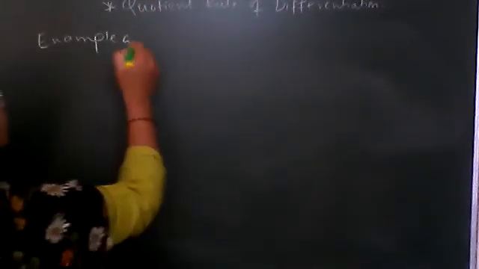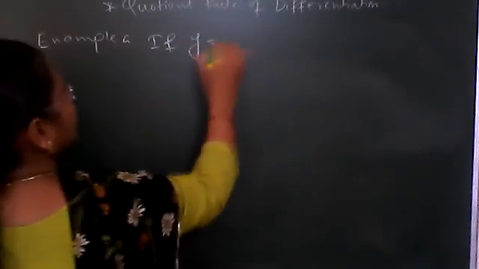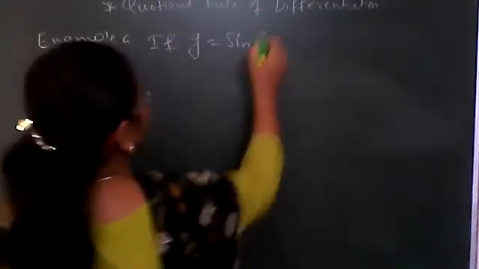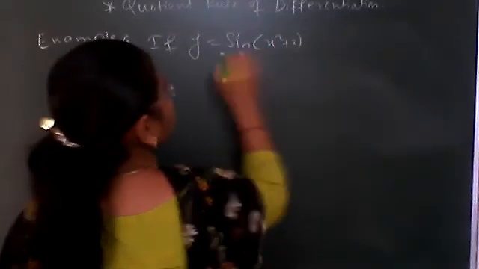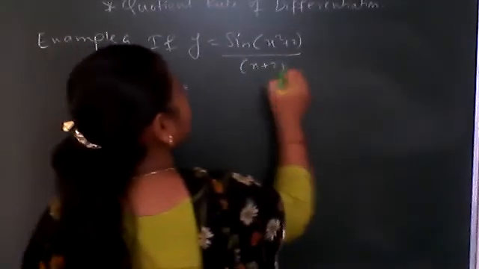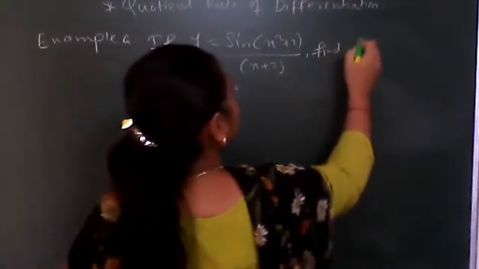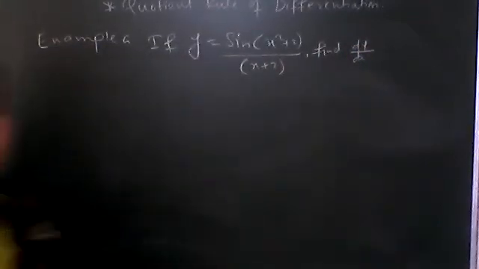Fourth example: if y equals to sine of x square plus 2 whole thing divided by x plus 2, then find dy by dx.